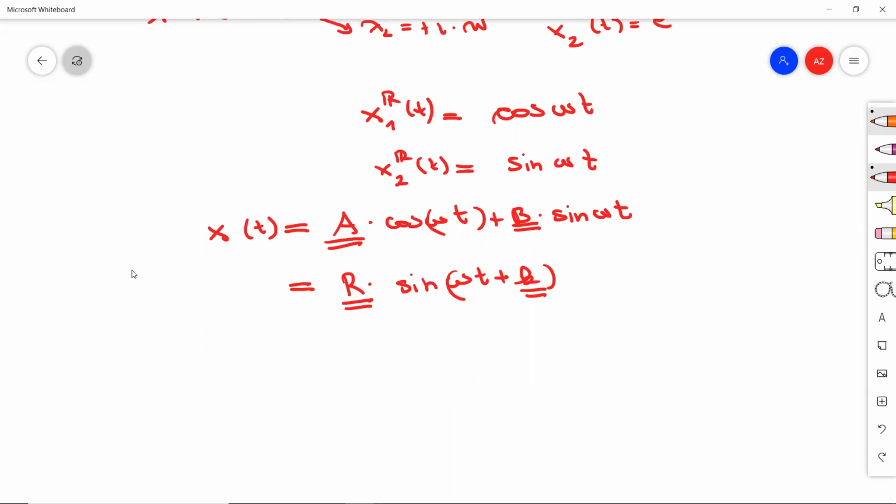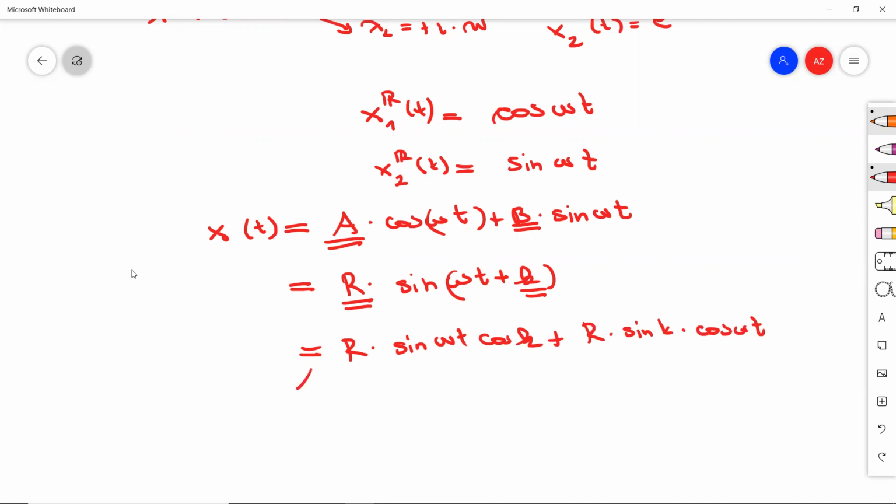Yes, we use the addition law for sine, which is r times sine omega t cosine k plus r times sine k cosine omega t.